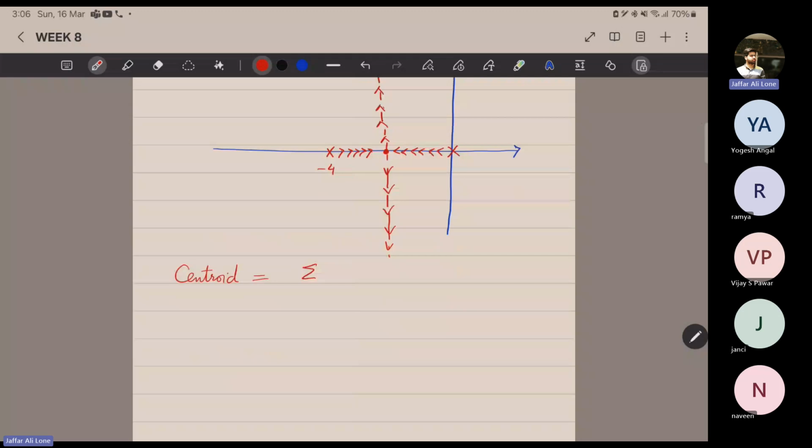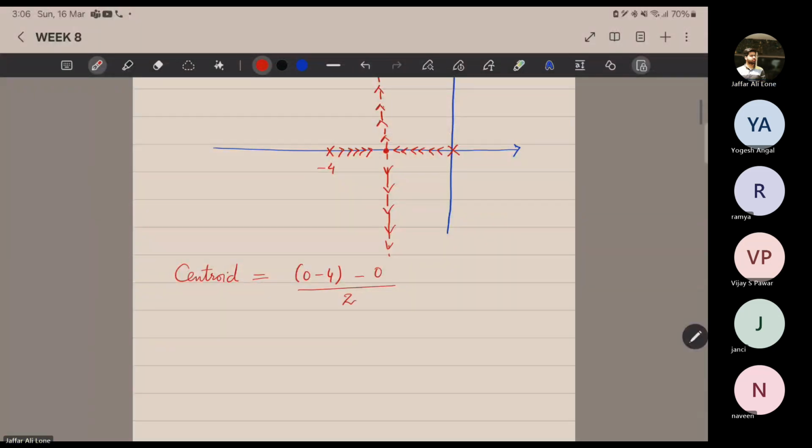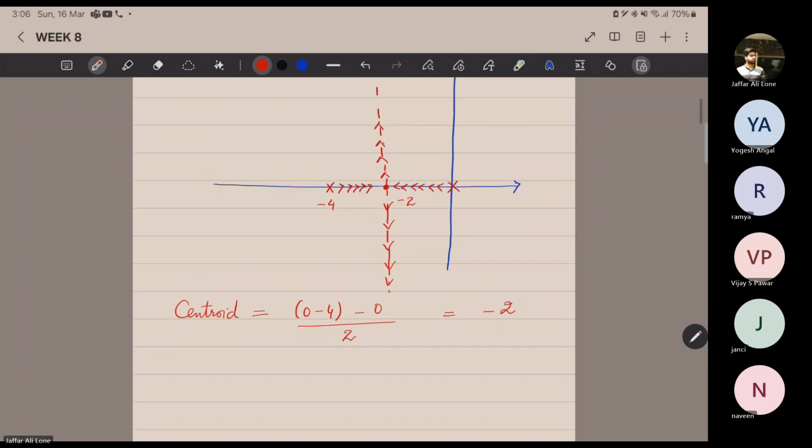Summation of real part of poles minus summation of real part of open loop zeros, that is, summation 0 minus 4 minus 0, divided by P minus Z. P minus Z is 2 here. So it will be minus 2. So this point is minus 2. If you calculate the breakaway point, that will also come out to be minus 2.